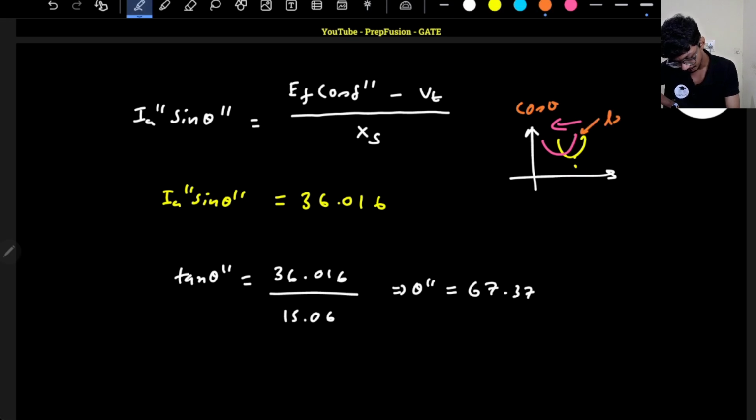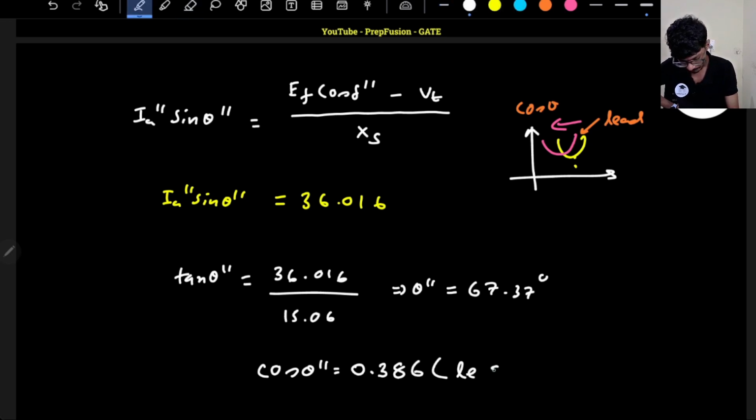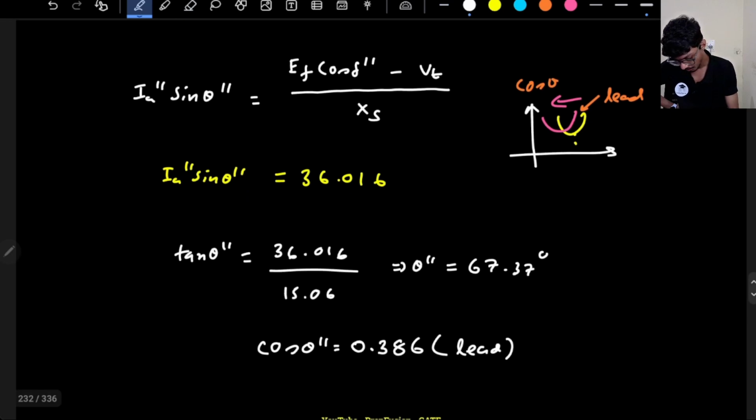So your angle theta double dash is coming positive. That is correct only, right? Because it should lead the voltage. So what is the new power factor? Cos theta double dash, cos of this, will be 0.3866 lead.